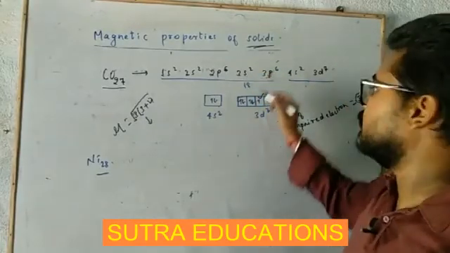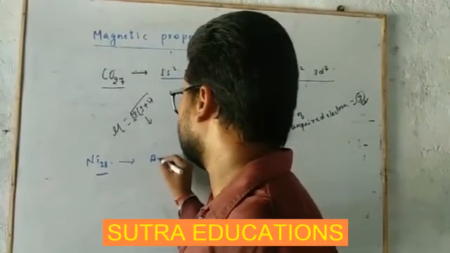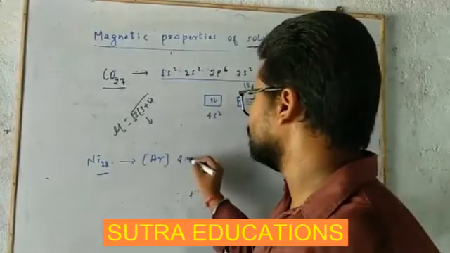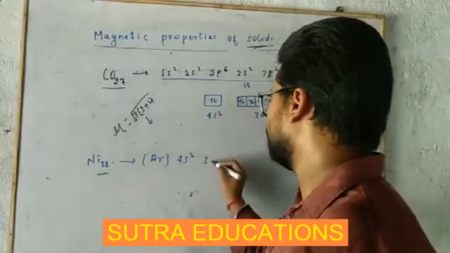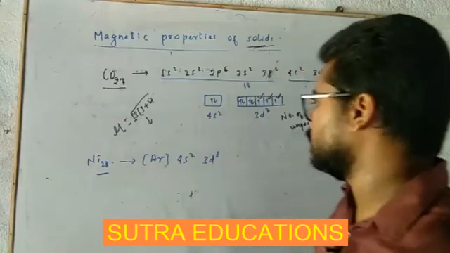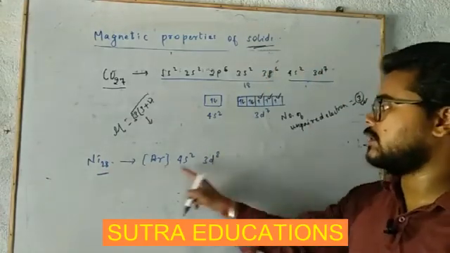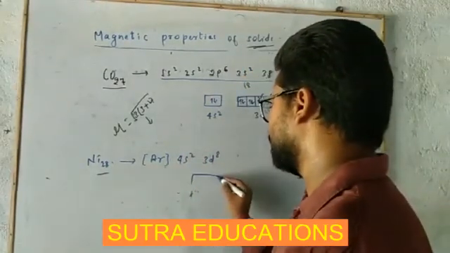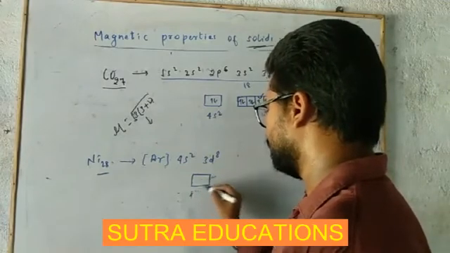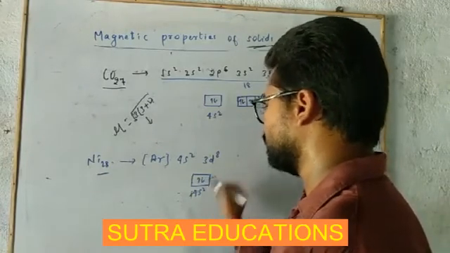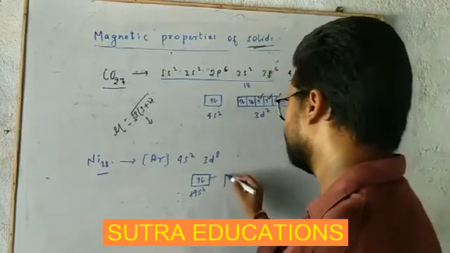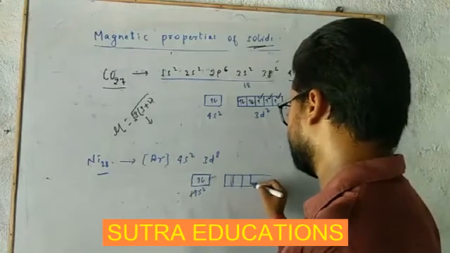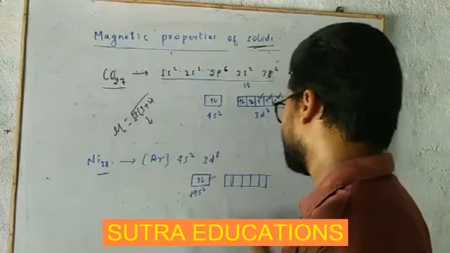So nickel will be argon up to 18, then 4s2 and 3d8. 8 plus 2 is 10, 18 plus 10 is 28. Draw the outermost orbital diagram. It will be 4s2, meaning 2 electrons are present in 4s, then 3d8.